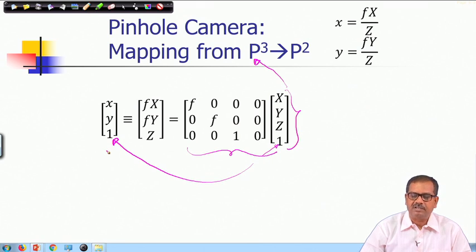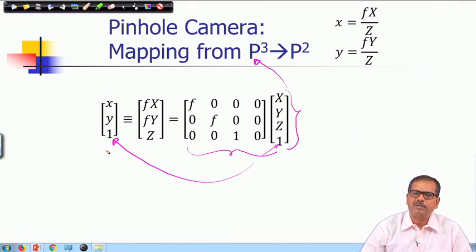But in this case, a 3-dimensional point is mapped to a unique image point, but it is not true when the image point is projected back to the 3-dimensional space. Then it becomes a projected ray, and any point on that ray is represented by this image point.